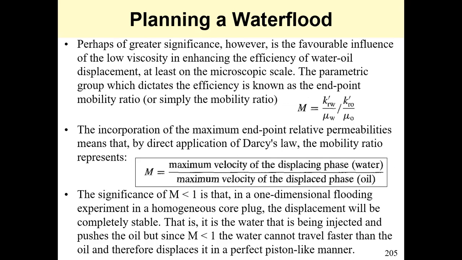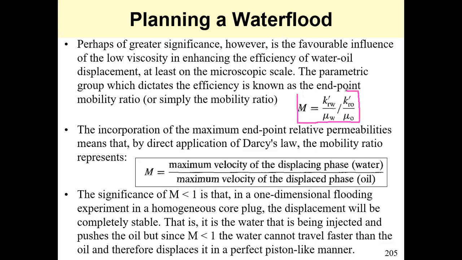Perhaps of greater significance, however, is the favorable influence of low viscosity in enhancing the efficiency of oil-water displacement, at least on the microscopic scale. The parametric group which dictates the efficiency is known as the endpoint mobility ratio, which is given here.